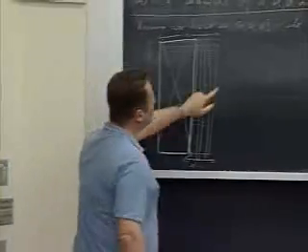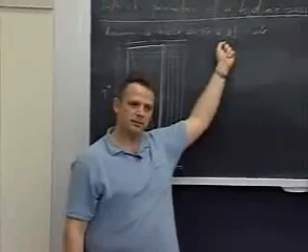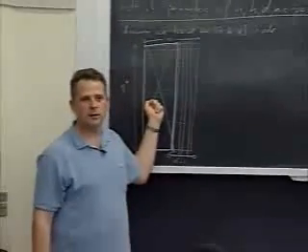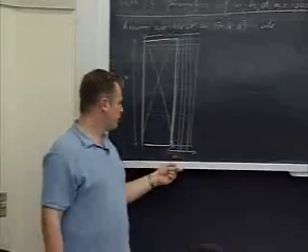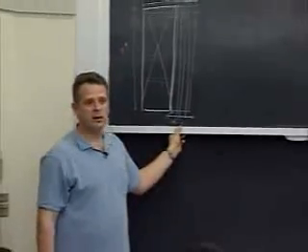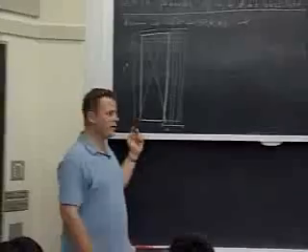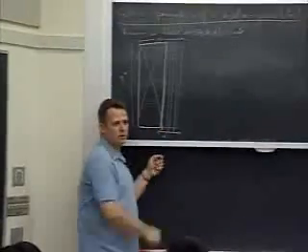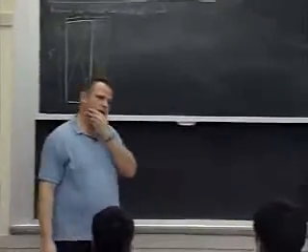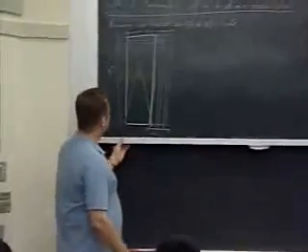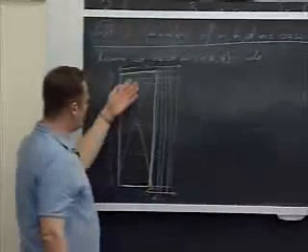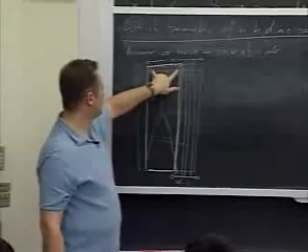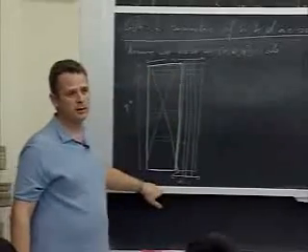So if the code indeed had distance d, can there be any two rows equal in this part? Remember, we punctured out d minus 1. Can there be any rows in this part that are equal? No, couldn't be. They all have to be different. But how many different tuples can we have in this part?